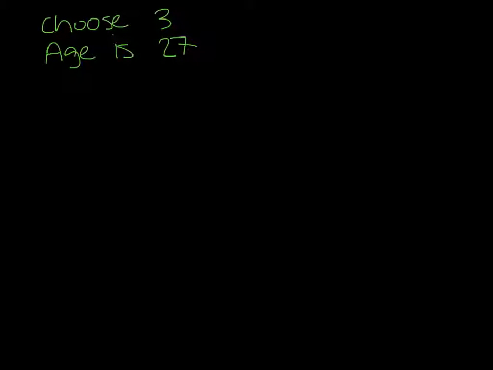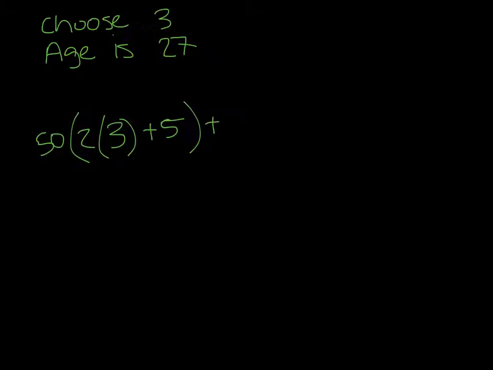So for an example, let's say we choose our number to be 3 and our age is 27. Then we take 3, multiply it by 2, add 5, multiply by 50, and add, let's say we haven't had our birthday yet, 1766.